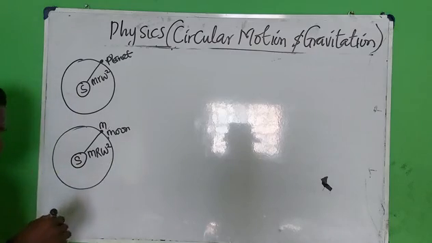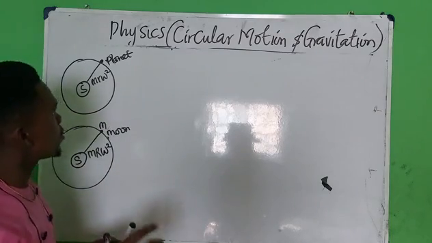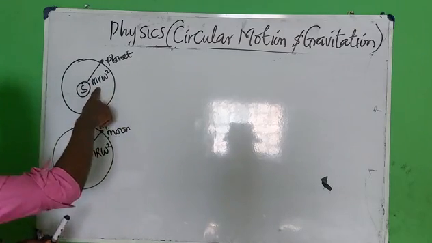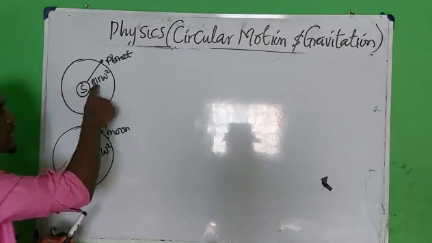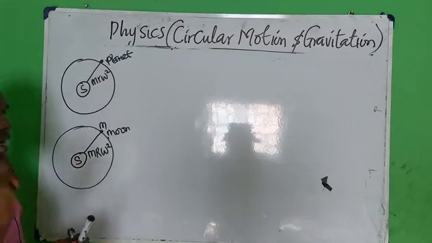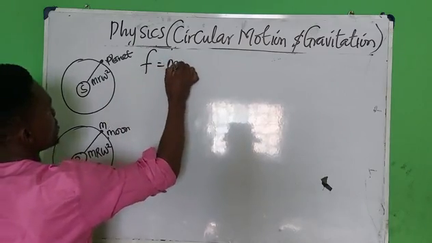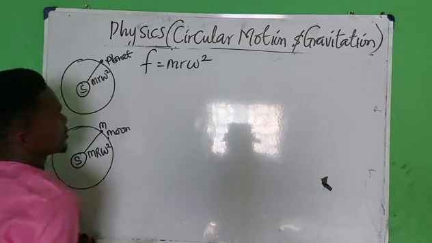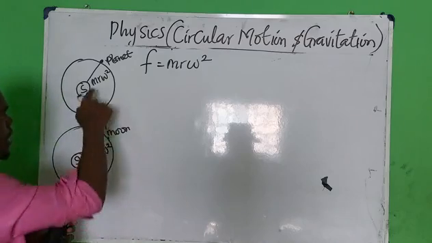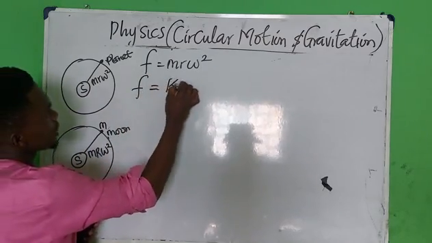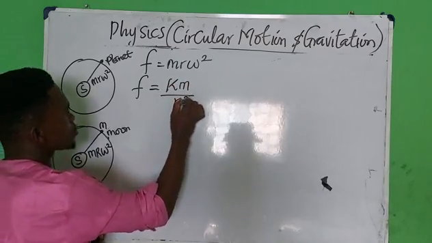Now, the force acting on the mass of the planet is expressed as F equals mRw squared. The force acting on this mass is written as F equals Km over R squared.